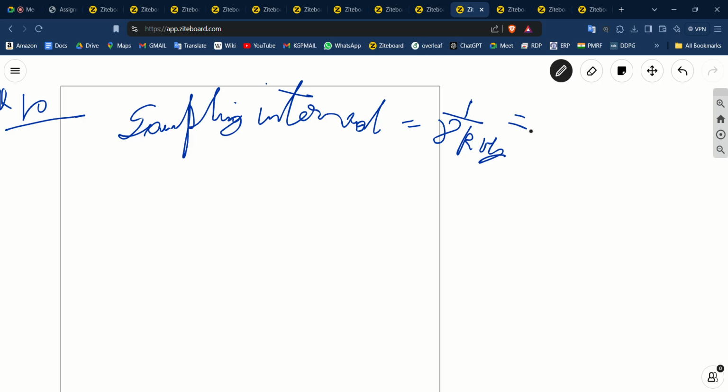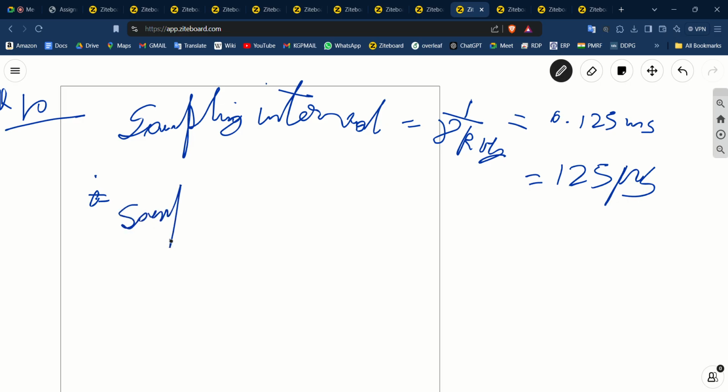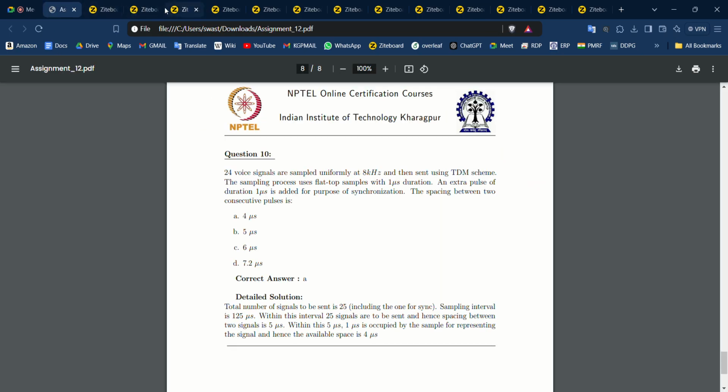So this is 0.125 milliseconds, or 125 microseconds, in which we have to fit 25 signals, each of width 1 microsecond.